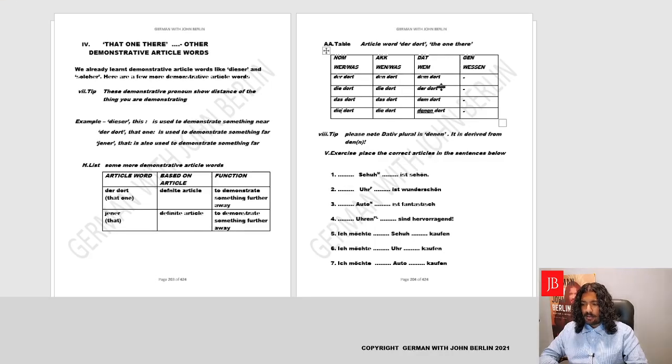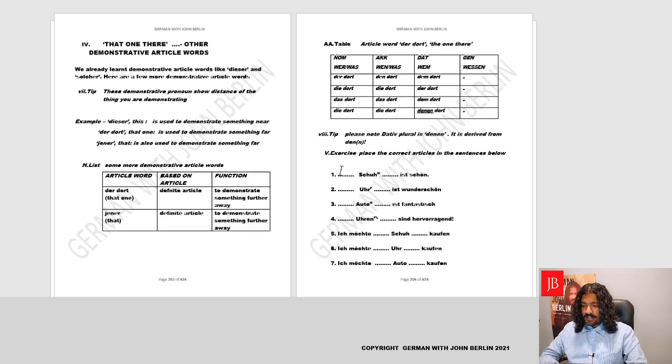Dem, der, dem, accompanied with dort: dem dort, der dort, dem dort. Now coming to the dative plural, if you remember, it's den plus an extra n. Now how to say it in one? We can't say den plus an extra n. We put it together like denen, and we call it denen dort. Fantastic.